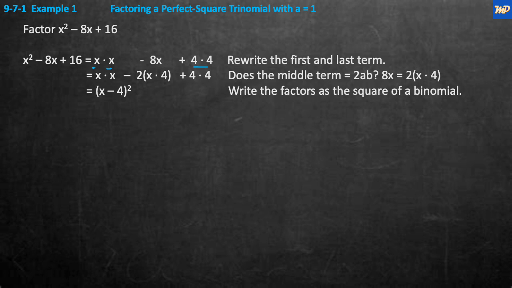Then we go to the next line here. We have the x times x, which is fine. Then we say, out of this 8, can we factor out the 2? Because it needs to be a 2ab. Well, if you factor out a 2, you're going to be left with a 4, right? And the 4 can be broken into a 1 and a 4, and we have a 4 here, see?